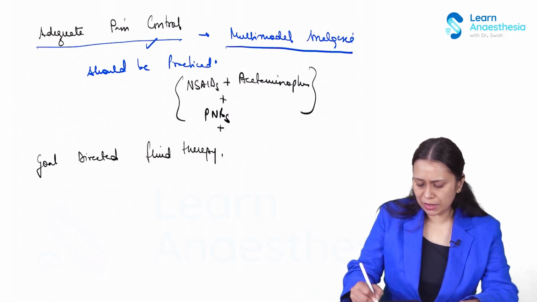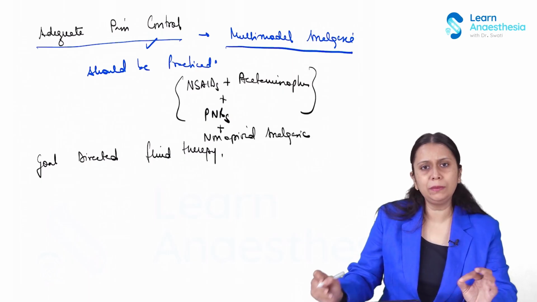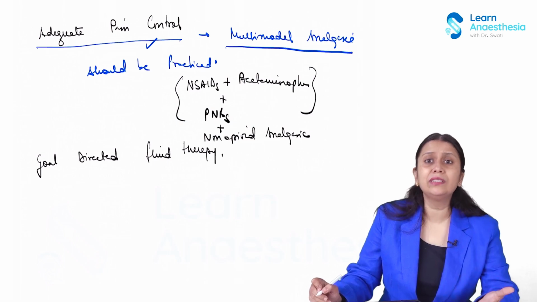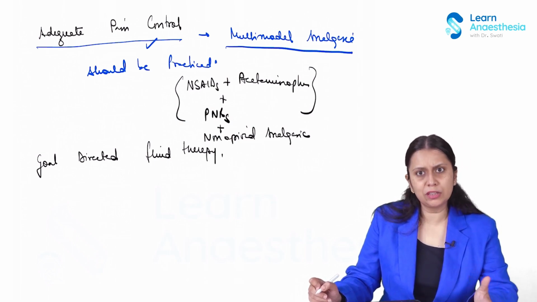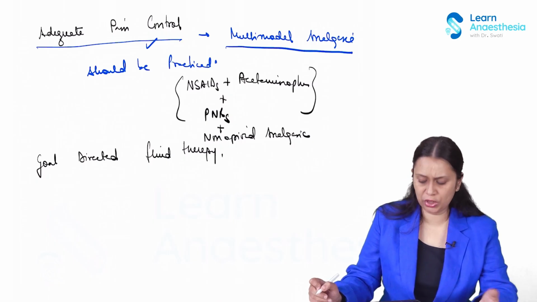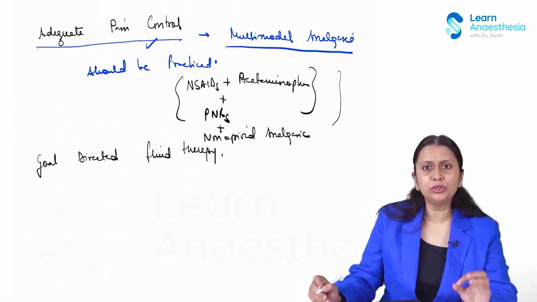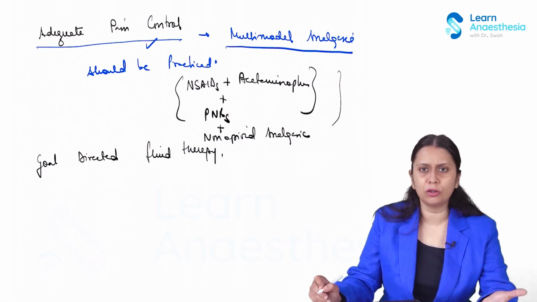And supplemented with non-opioid analgesic. Now, opioid should only be reserved as a rescue analgesic therapy, because opioid can cause respiratory depression in the post-op period and can increase the risk of post-op pulmonary complication. So, the strategy should be as non-opioid as possible.